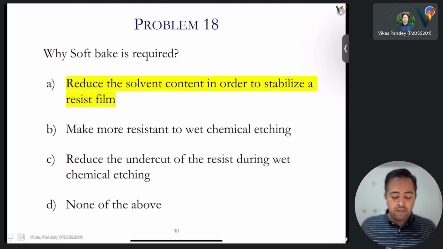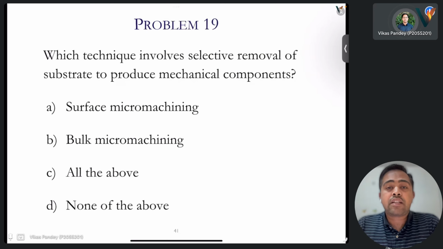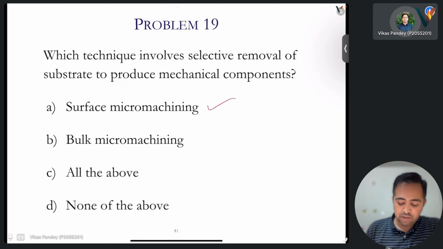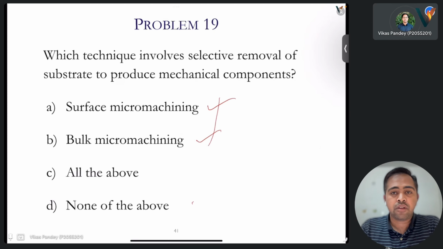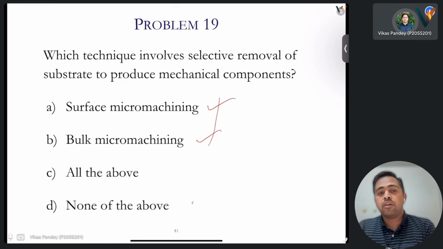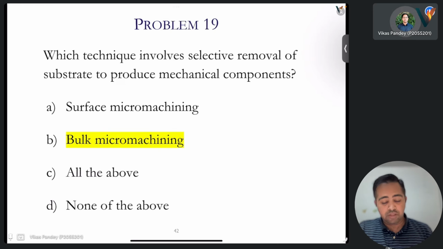Okay. Next is, which technique involves selective removal of substrate to produce mechanical components? Is it surface micromachining, bulk micromachining, both of these, all of the above, or none of the above? The substrate is selectively being removed to produce mechanical components.